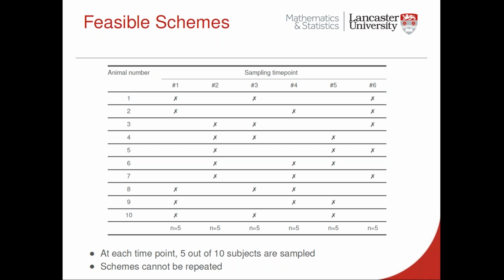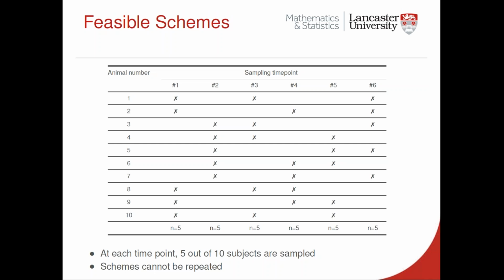The difficulty is you need to be able to define every single scheme that is feasible a priori to exploring what the optimal design looks like. Under the constraints that we've put on, there are just over 1,000 different possible sampling schemes.